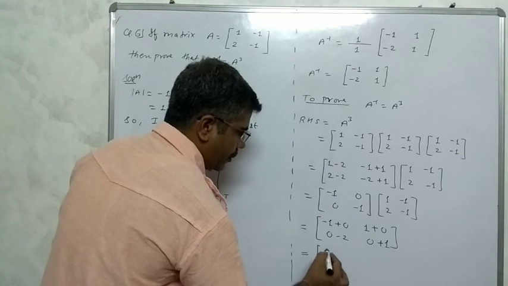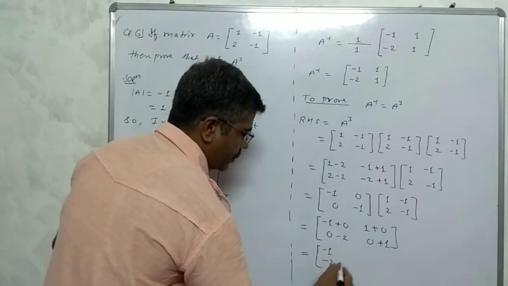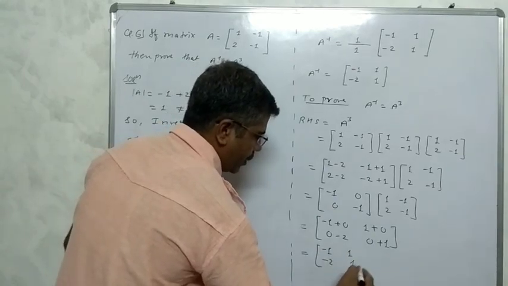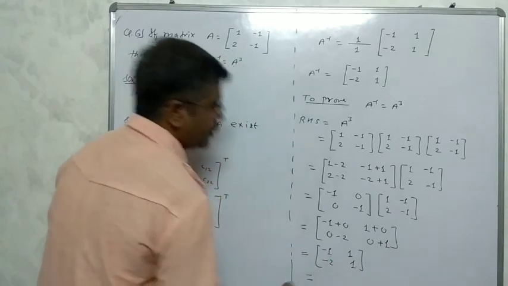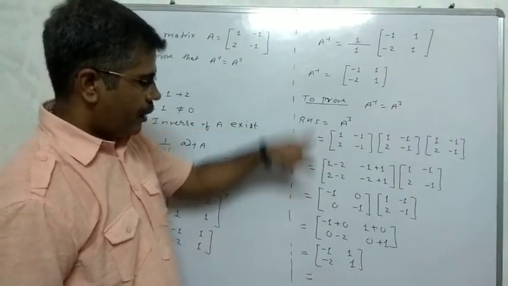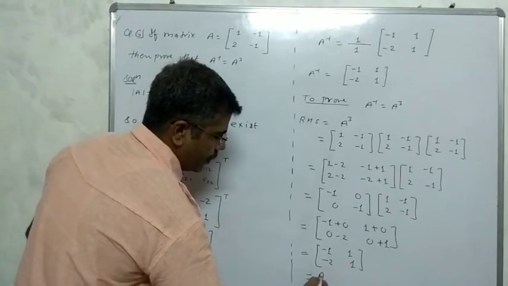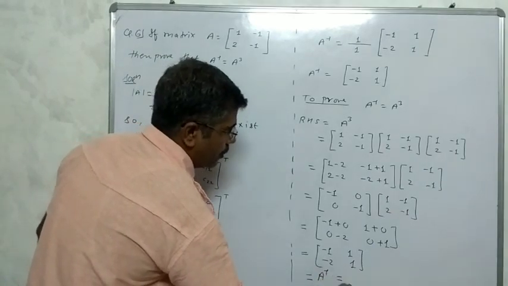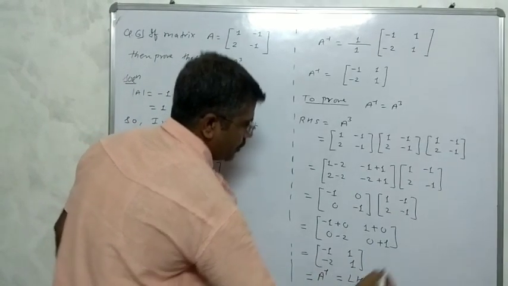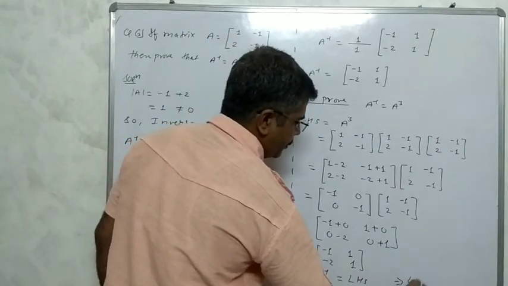We get minus 1, minus 2, 1, 1. That is A inverse, which is LHS. So we prove LHS equals to RHS.